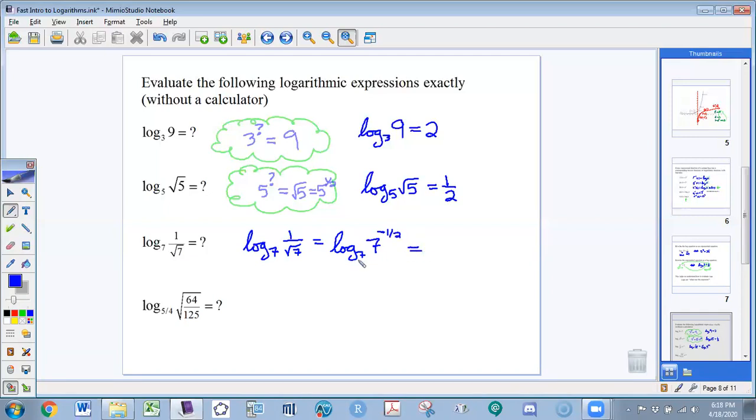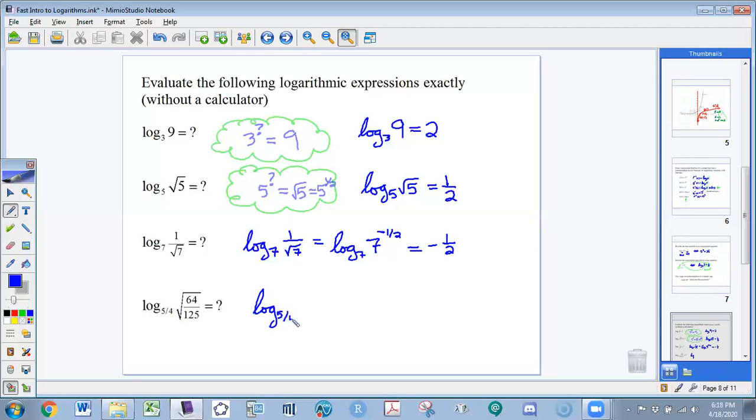So what exponent would I put on 7 to get 1 divided by the square root of 7? I need a negative in order to take the reciprocal. I need a half in order to do the square root.